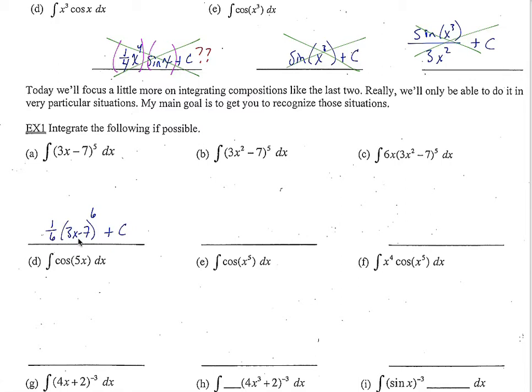That's fine. But then we have the inside function, and the derivative of the inside function is going to end up being 3. So in anticipation of that inside function's derivative being 3, out here we're going to add in a 1/3. Right. So then the integral here would be 1/18. Right? So that worked.